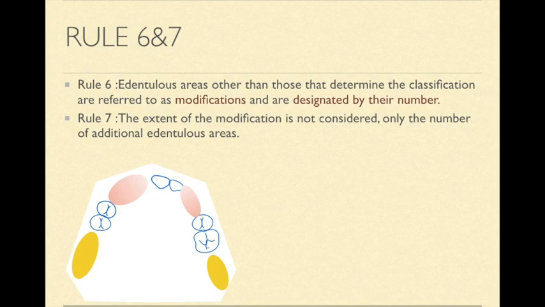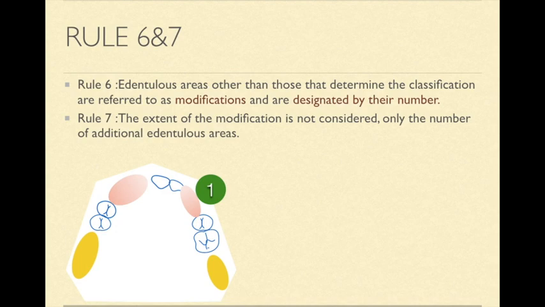However, how about those two edentulous areas in the front? How can we call that? Dr. Applegate said in Rule 6, those edentulous areas other than those that determine the classification are referred to as modifications and designated by their numbers. He also said in Rule 7, the extent of modification is not considered, only the number of additional edentulous areas. What it means is, we already know those two yellow edentulous areas determine the Class 1 classification.